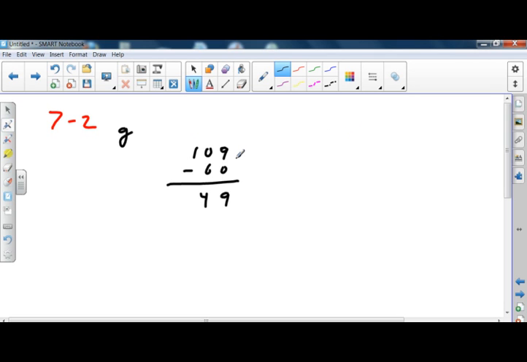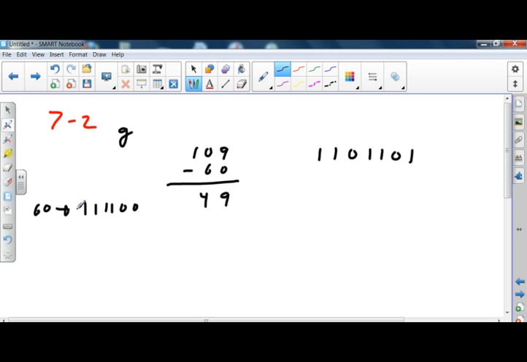So 109, and we're going to change that into a binary number. All right. So I got 1, 1, 0, 1, 1, 0, 1. Okay, and then we're going to take 60, and we're going to change that into a binary number. So 60 becomes 1, 1, 1, 1, 0, 0.